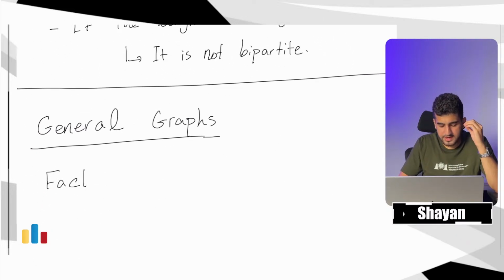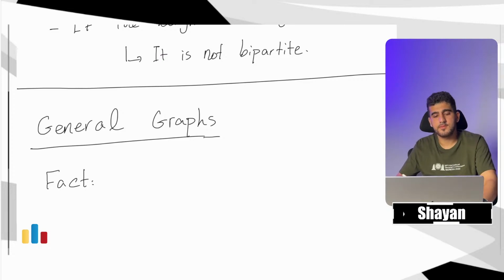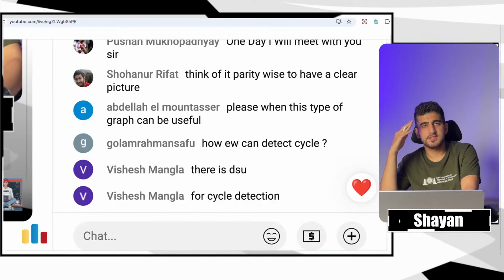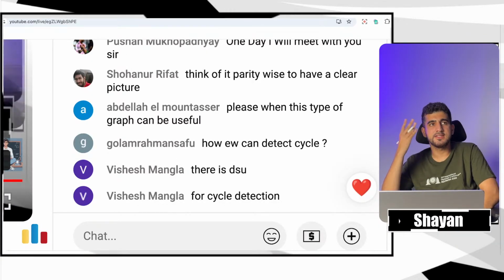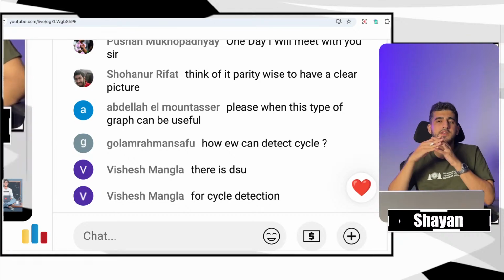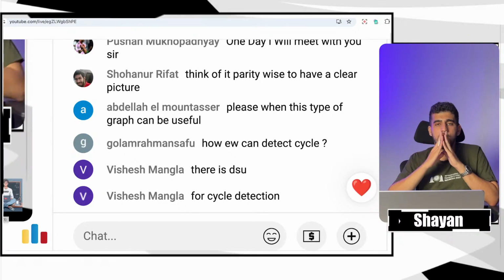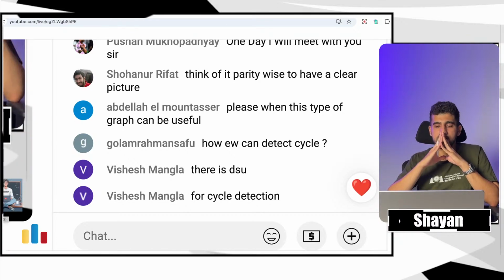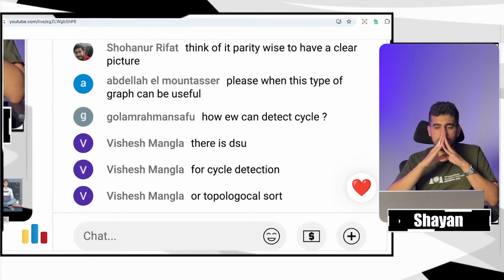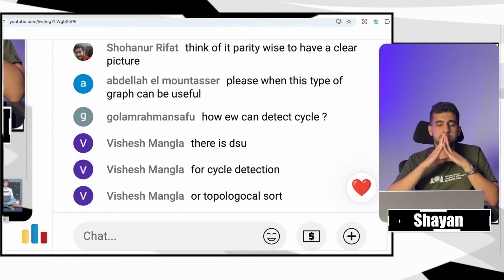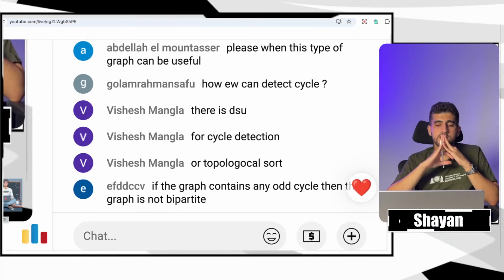You can extend what we said to general graphs. You can say that there is a condition that if that condition happens, then our graph is not bipartite. We will talk about how to detect cycles, etc.